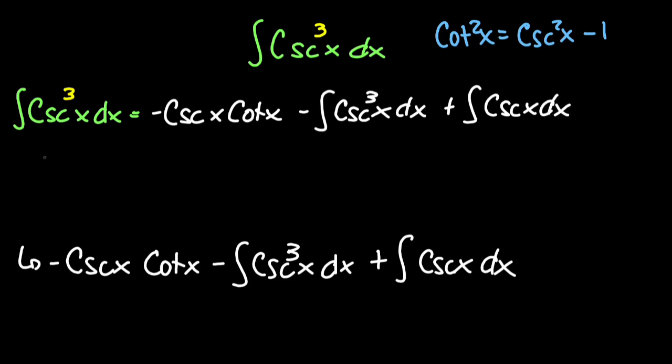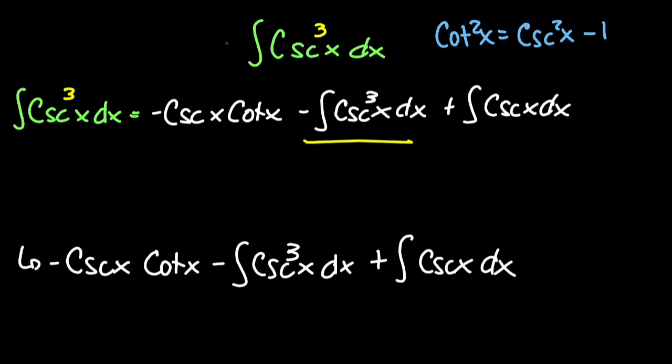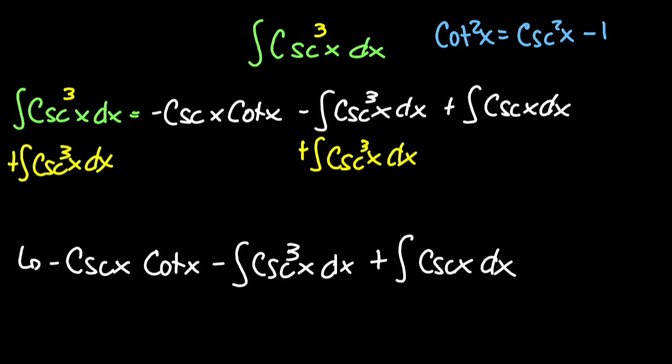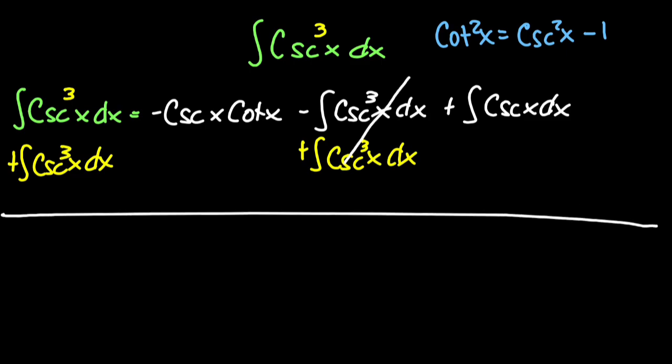And our objective for equating these two would be to get rid of the cosecant cube of x here. Since what we have here is a negative, add to both sides an integral of cosecant cube of x dx. By that, this would be equal to 0.